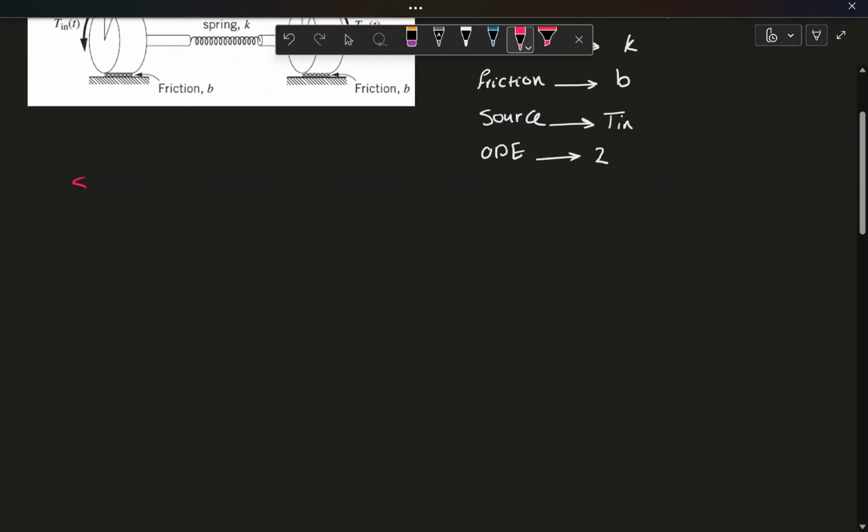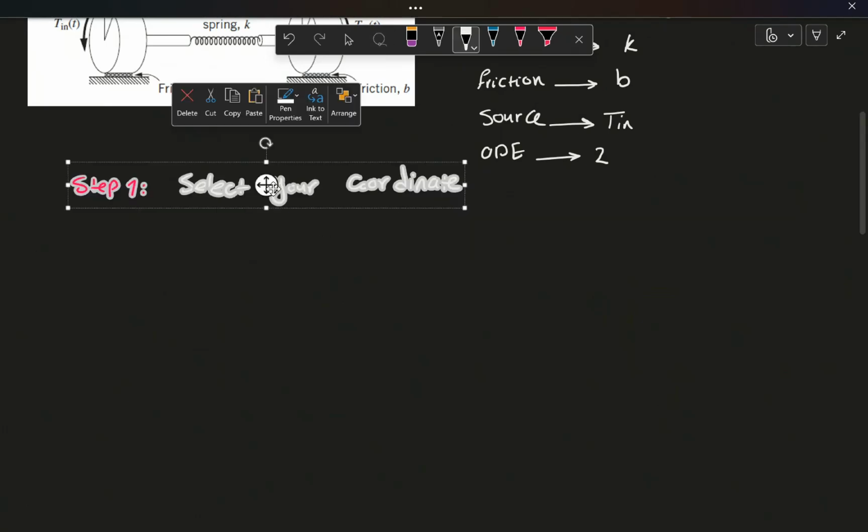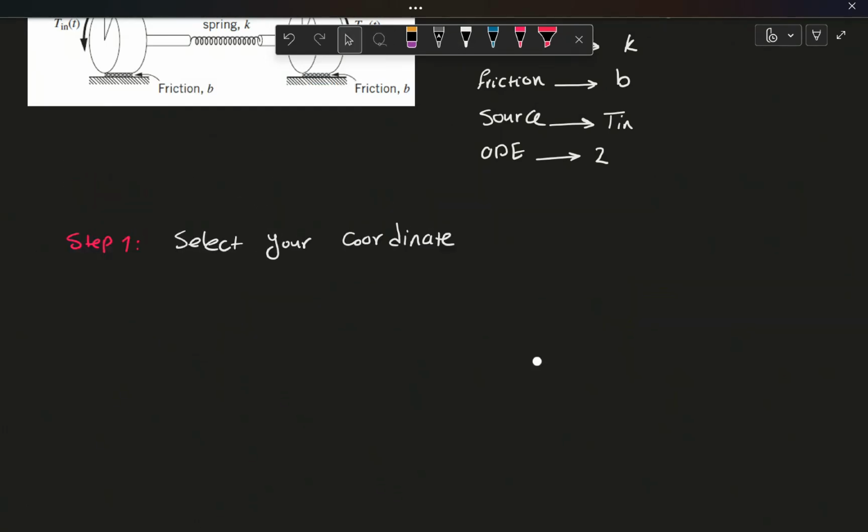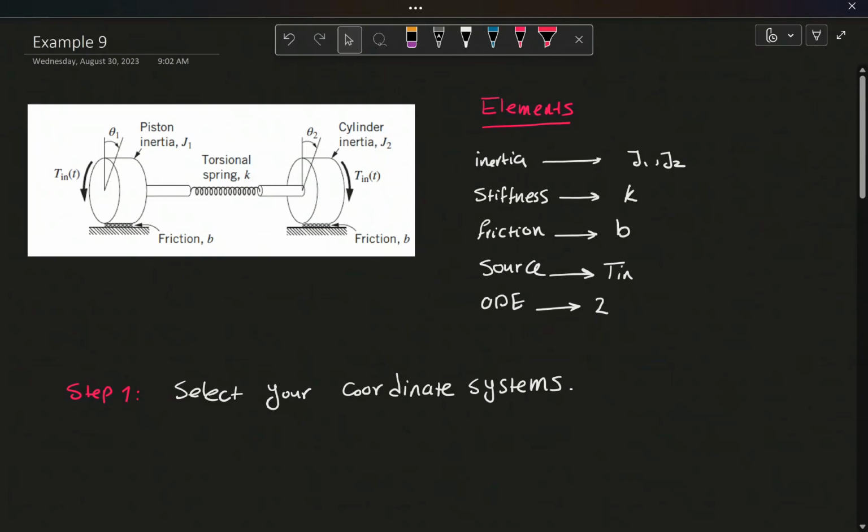Now let's go to step one, which is selecting your coordinate systems. Two coordinate systems are given to me as theta 1 and theta 2.